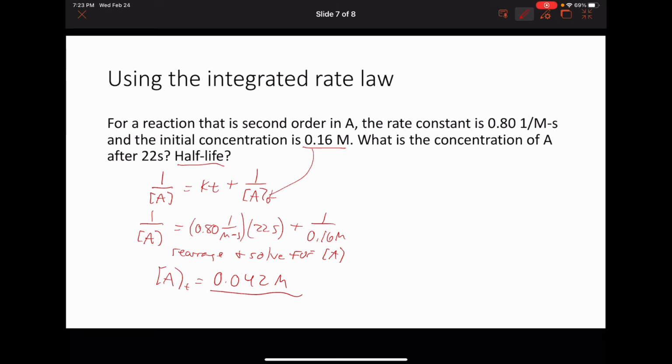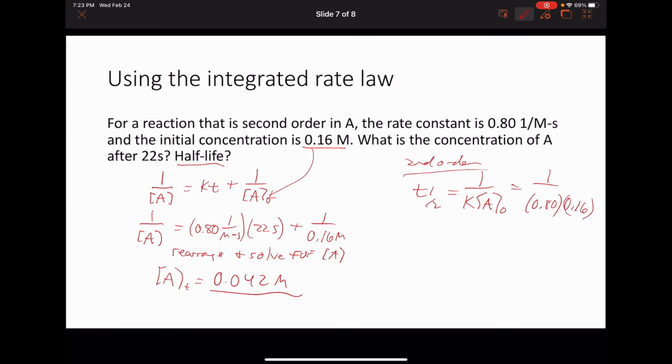And then the second part of this is the half-life. Well, if you remember for second order, and you probably don't, but we'll write it out. It does depend on the initial concentration. For a second order reaction, half-life is 1 over k[A]0. So we would just plug in our k is 0.8, and our concentration is 0.16.